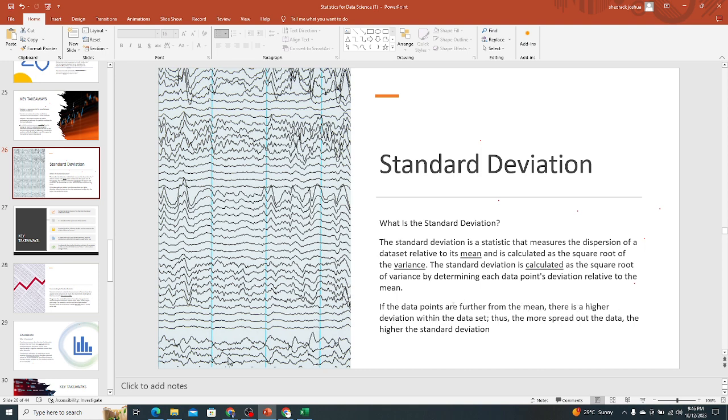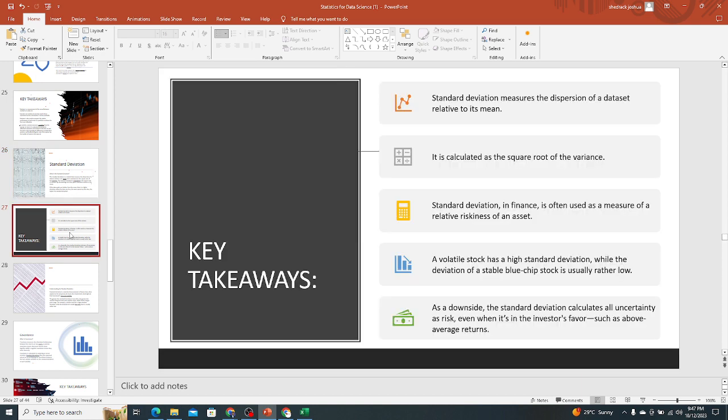Remember that if the data points are far away from the mean, we'll have high deviation as well as high variance. The distance between the data points and the mean will be very high. Thus, the more spread out the data, the higher the standard deviation.